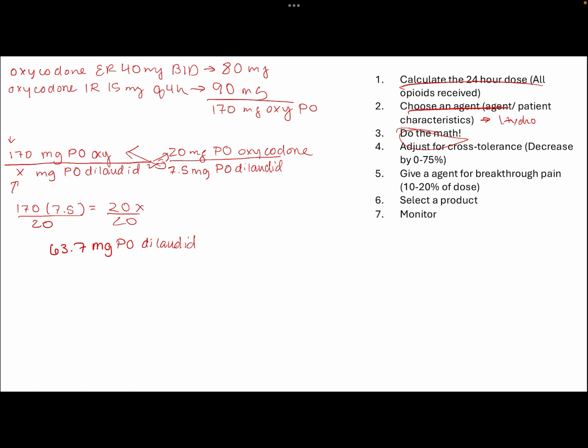Now let's go ahead and do our adjust for cross tolerance. Okay, so when we adjust for cross tolerance, what we're going to do is we're going to take this 63.7 milligrams and we're going to multiply it by 100% minus our cross tolerance, which is 50%.